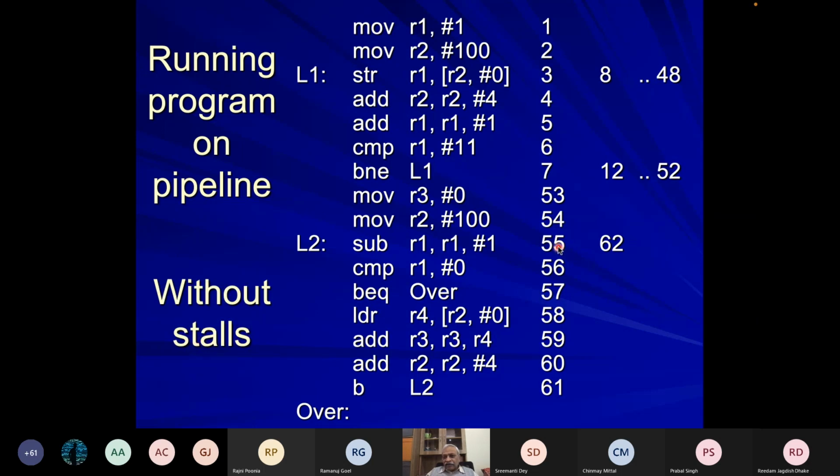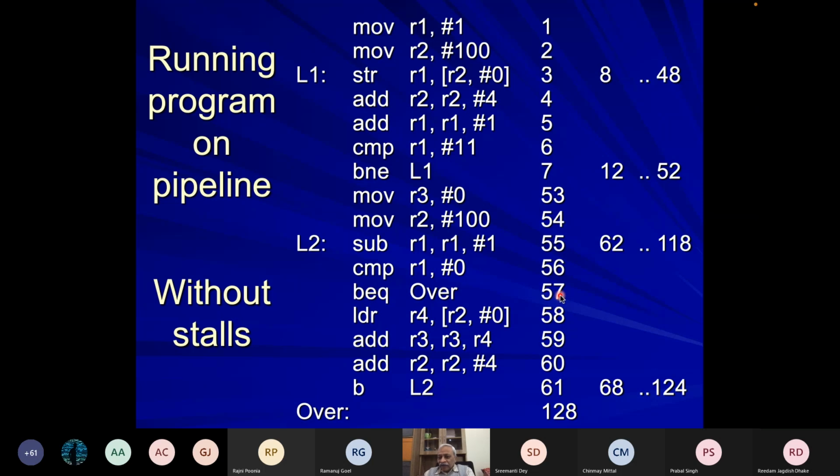So first iteration started in 55, next started in 62. So there is a gap of 7 cycles. Therefore, I come here in cycle 68, and same thing could continue. The last iteration will end in cycle 124. Okay, I'll go back here 125, 126, 127, and in 128 I'll be out.